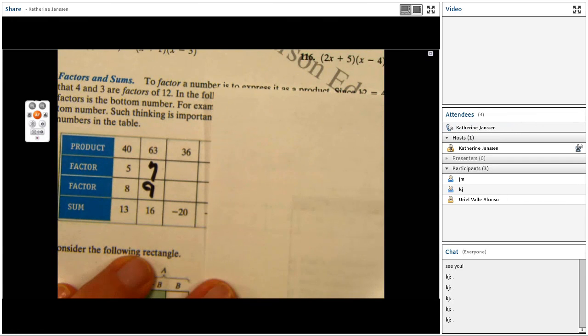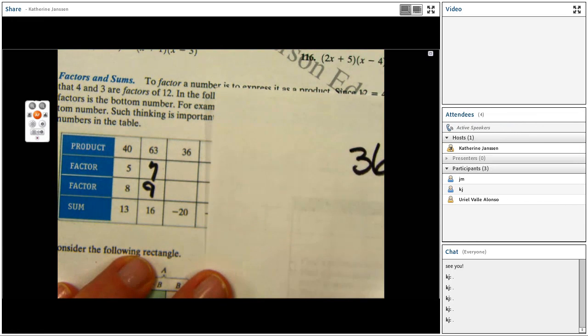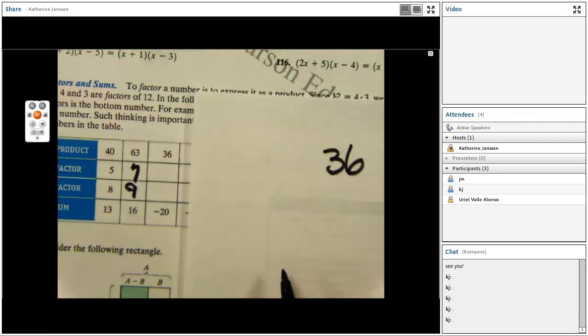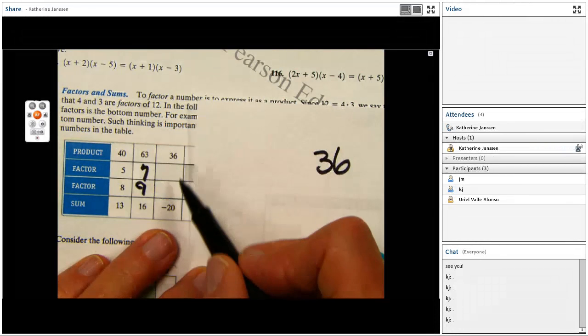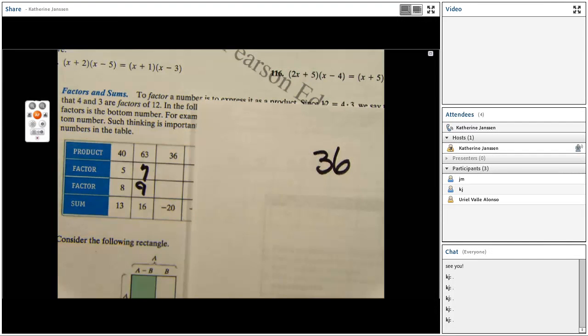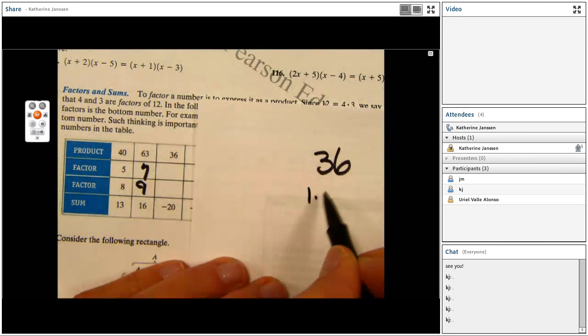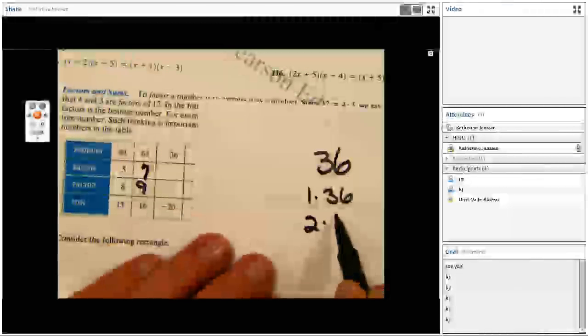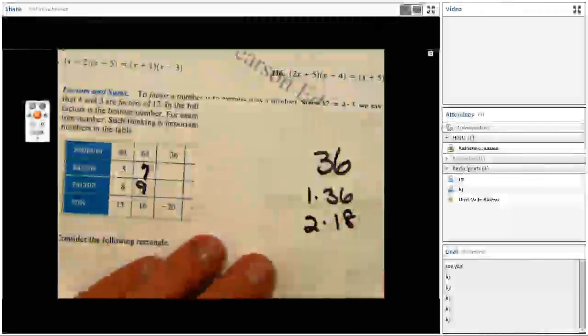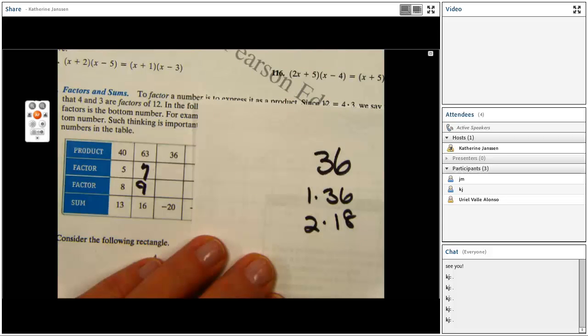Next, we're asked to factor 36. Find factor pairs whose sum is negative 20. Well, we have 1 times 36, but adding that is 37. 2 times 18. 2 plus 18 is 20.